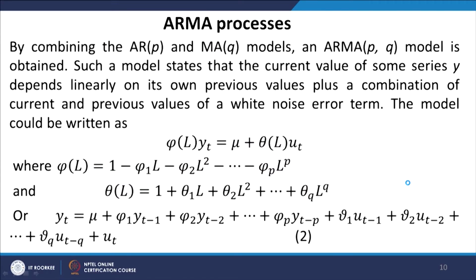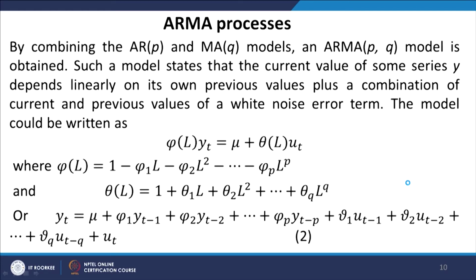Now, I start talking about ARMA processes. By combining the AR(p) and MA(q) models, an ARMA(p,q) model is obtained. Such a model states that the current value of some series y depends linearly on its own previous values plus a combination of current and previous values of a white noise error term.